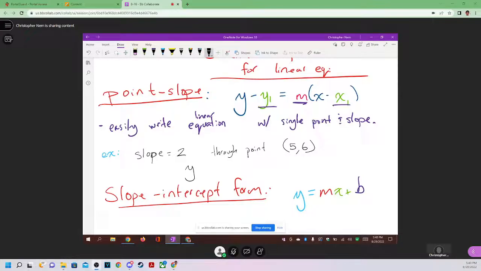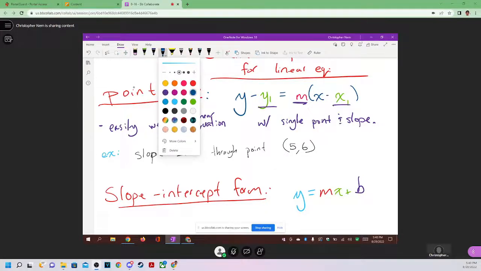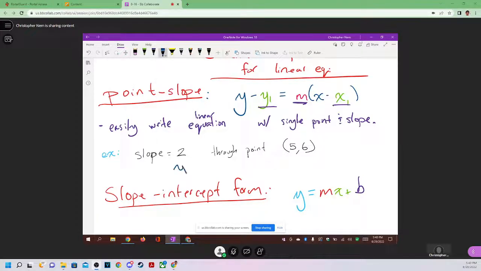I'm going to use a different color. You're going to be leaving that y here, but now we're going to use our y1, and this is our x1. So our y1 is 6, and then we set that equal to whatever my slope is.